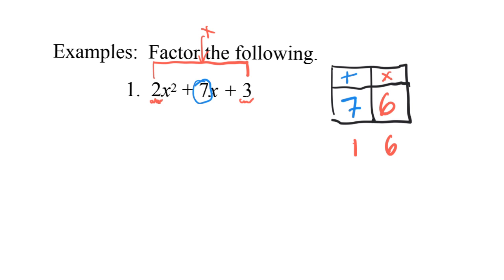So here's what we do for our calculation. We're going to rewrite this as equal to 2x squared, plus 6x, plus the 1x that we had from before, and then plus 3.